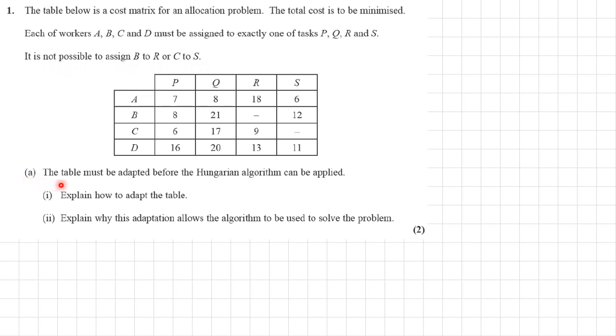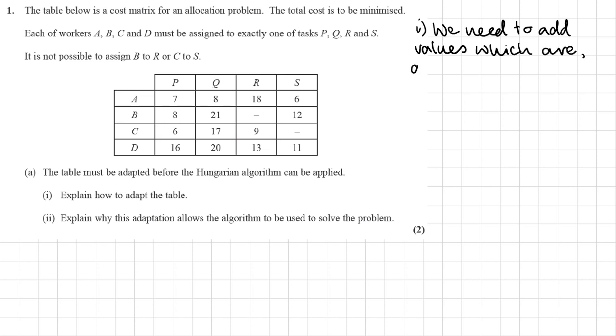Part A. The table must be adapted before the Hungarian algorithm can be applied. Part 1 of Part A, explain how to adapt the table. So we need to add values which are at least twice the maximum value.